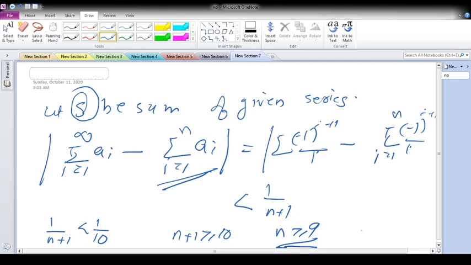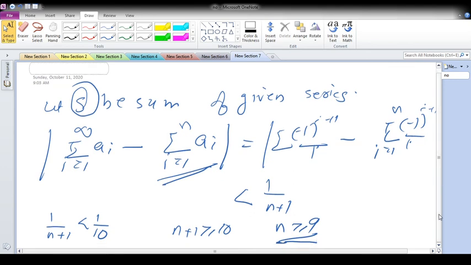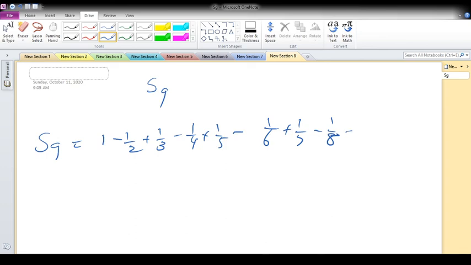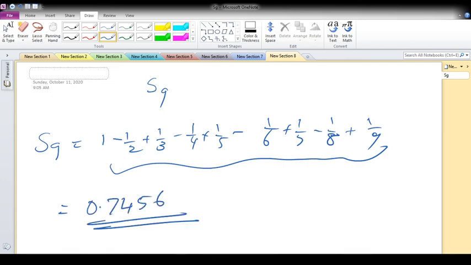So we can approximate the sum of the given series by S9, that is 1 minus 1/2 plus 1/3 minus 1/4 plus 1/5 minus 1/6 plus 1/7 minus 1/8 up to 1/9. Calculating this sum by calculator, you get 0.7456. This is the approximation with error of magnitude not more than 0.1.